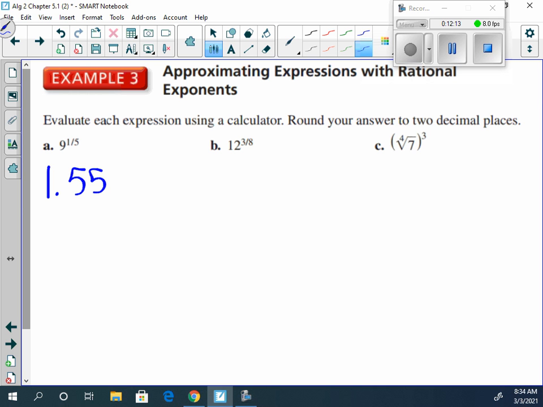Now we can do 12 to the 3/8 in the calculator.